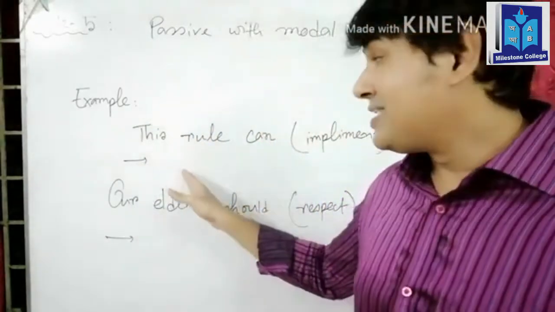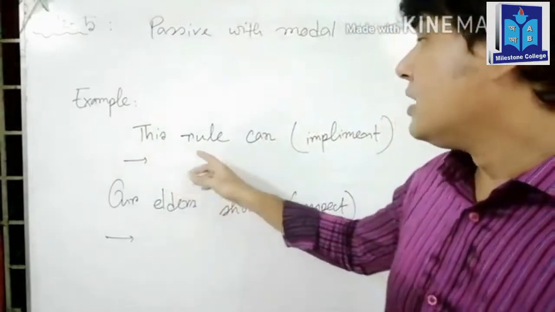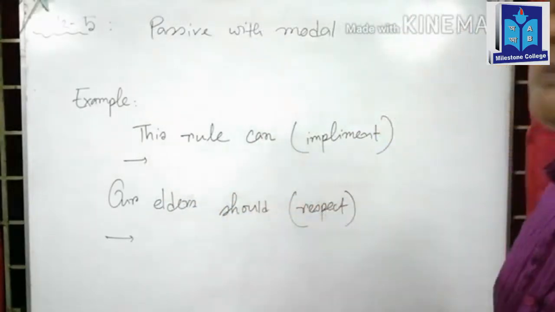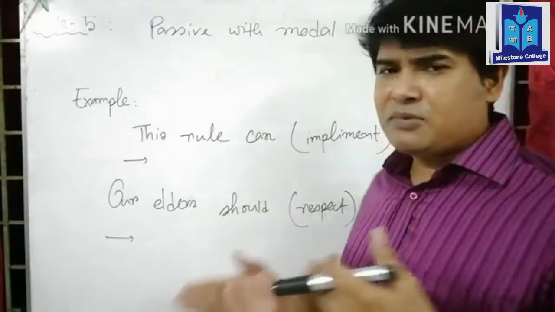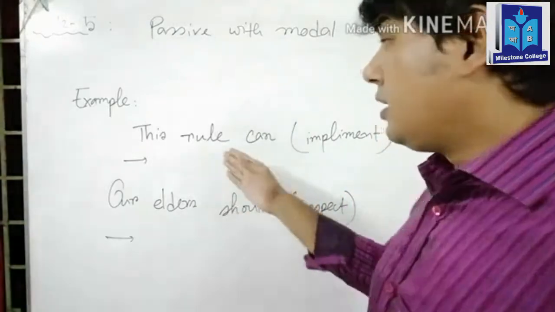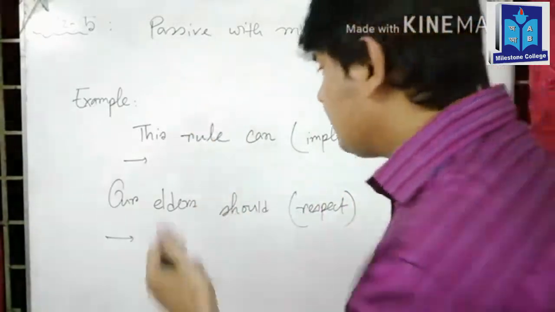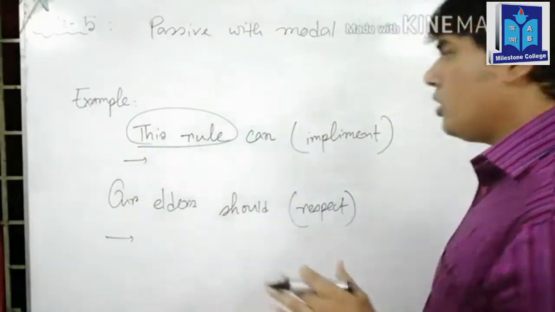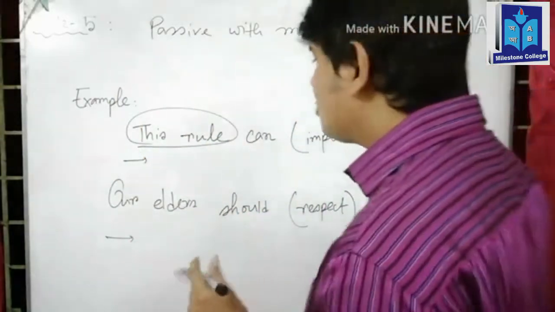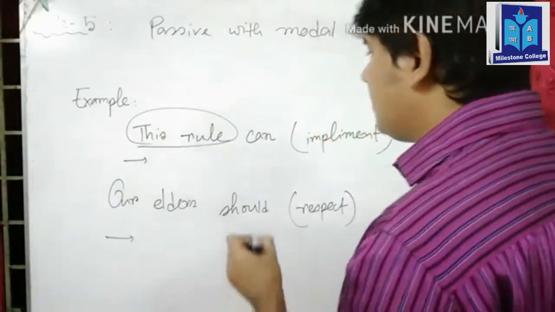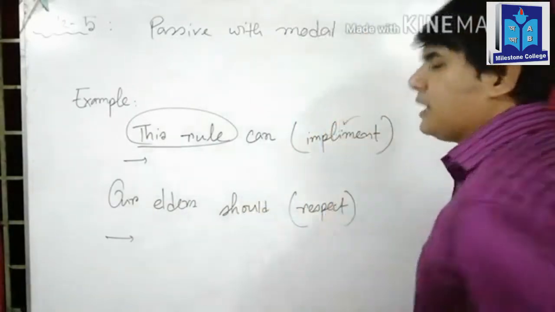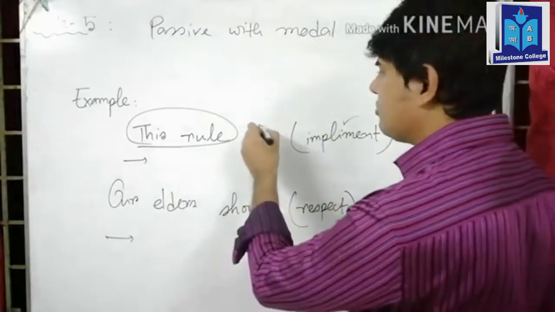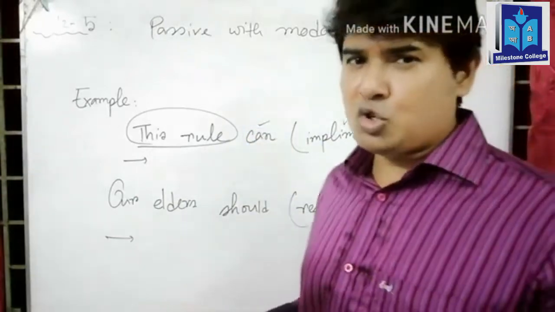Let's see the example first. This rule can implement. As we have seen in our previous structure, this rule is the subject there, and the verb is implement, and before this there is a modal auxiliary verb. So what should we do there?